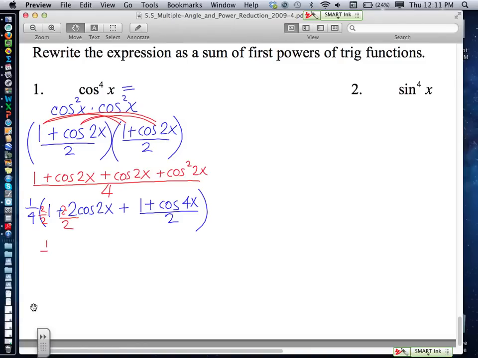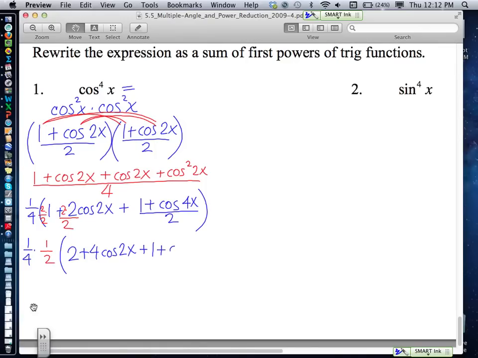So that 2 is going to come out in front as a 1/2. I already have a 1/4 out front that I factored. And now 2 times 1 here is just 2. 2 times 2 cosine 2x is 4 cosine 2x. This already had the denominator of 2, so I just leave that alone.